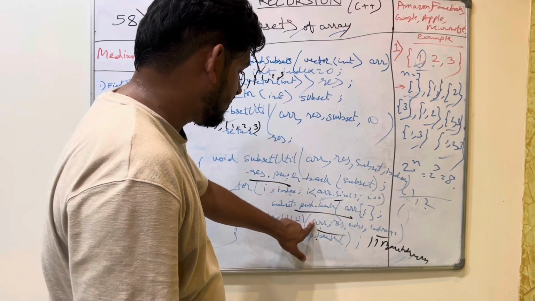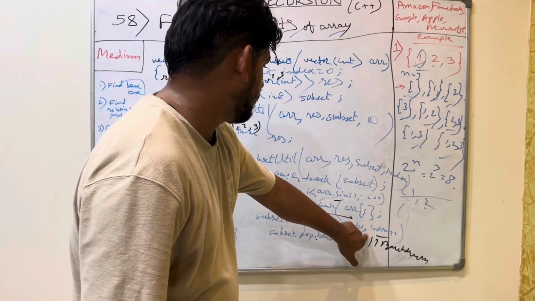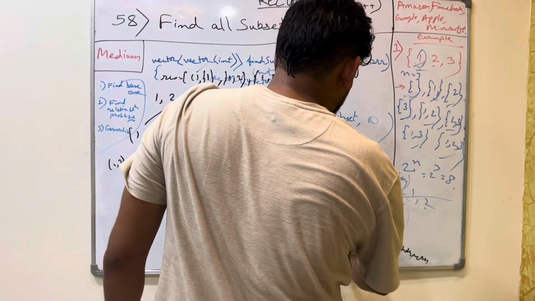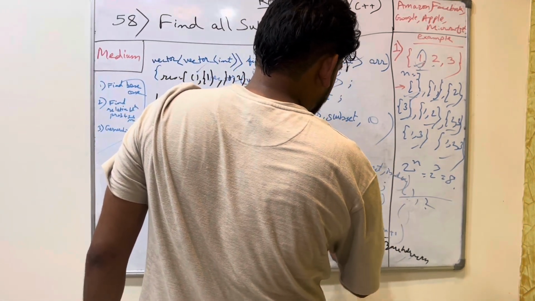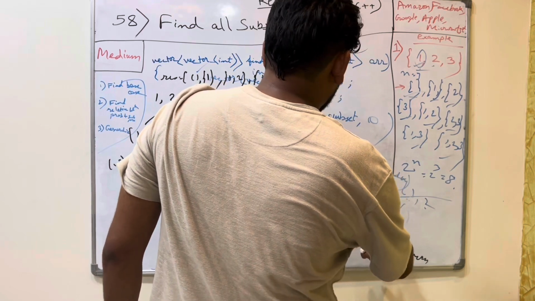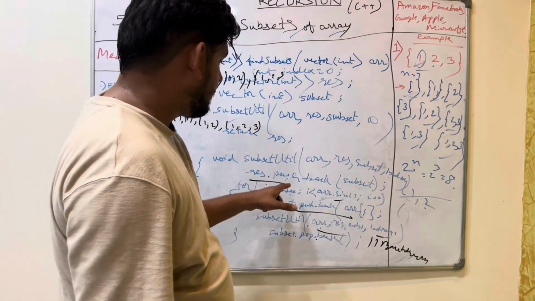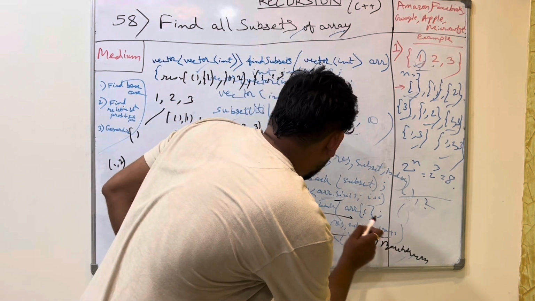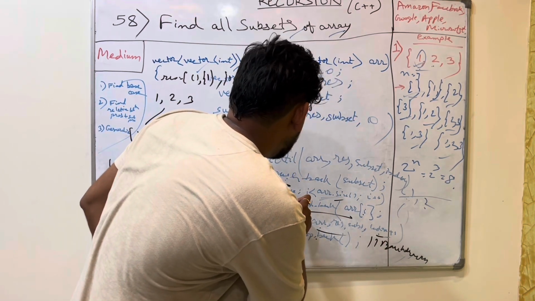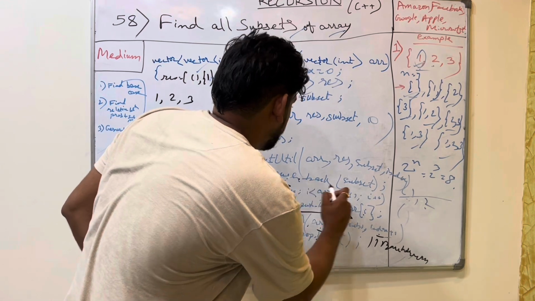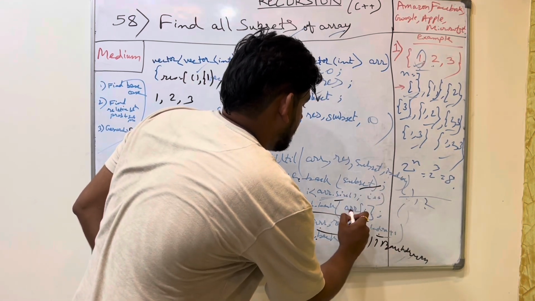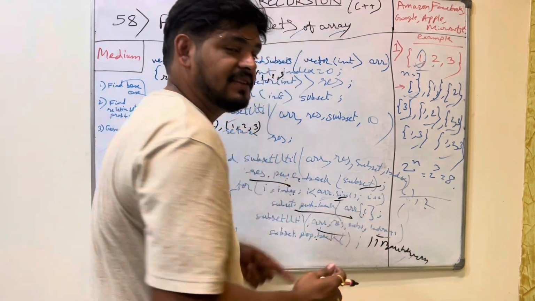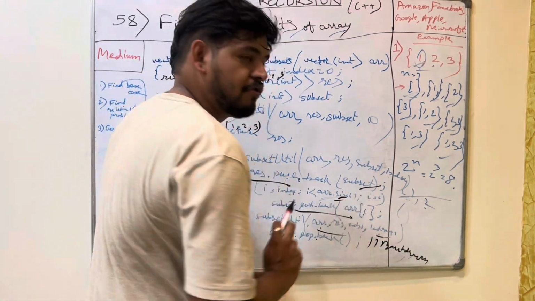Once 3 is done, this cannot be called again here. Why? Because if we call this function again, array, result, subset, index plus 1, the result would be pushed, but this index plus 1 is actually crossing the end. In the next one it will go up to 1, 2, 3 only, it can't include this part, because the index is equal to array dot size.